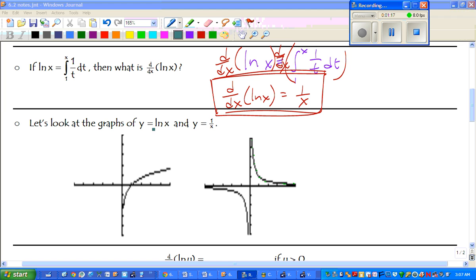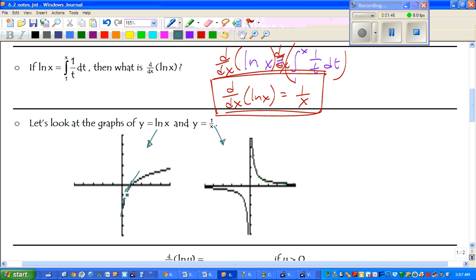Now let's take a look at the graphs. We've got y equals natural log of x right here, and y equals 1 over x right over here. Remember, we just said that 1 over x is the derivative of natural log of x. So we're talking about this being the slope of this function at any given point. As we look at natural log of x, over here between 0 and 1, we have a slope that's steep, and it's starting to get less steep.